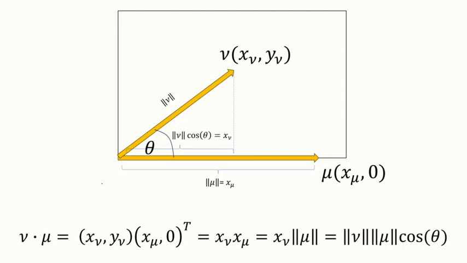So numerically, the number of this product, this is 0, okay? It's actually x mu times x mu. Is that what we write? Yeah, so if you do that, you get these two numbers' product. And then you replace x mu, you replace x mu using its norm.